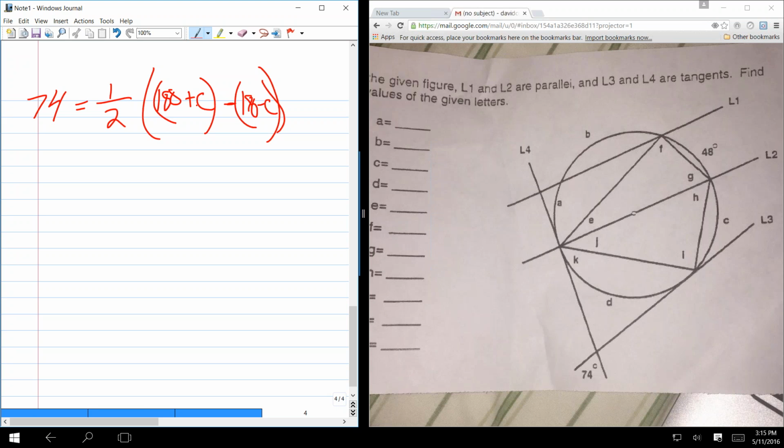No, we got 180 plus C minus 180 minus C. The 180s go away, but we end up with 2C. So we get 74 equals 1/2 of 2C. C is 74.